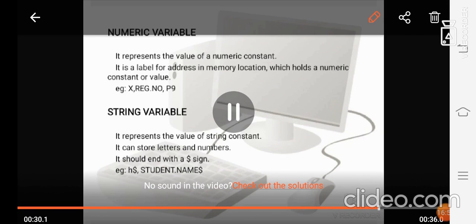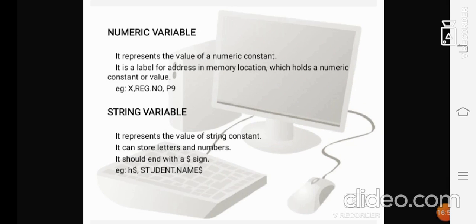Next, we are moving on to numeric variables. It represents the value of a numeric constant. It is a label for an address in a memory location which holds a numeric constant or value. For example X, register number, page.